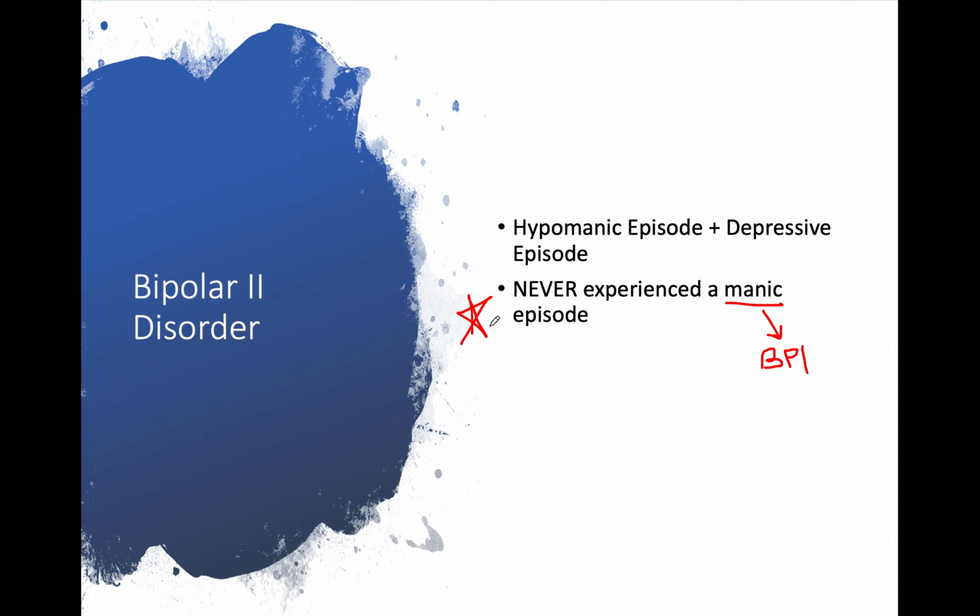If they have a hypomanic episode by itself, we might say that is an unspecified bipolar disorder. If they have only a depressive episode, then we say that's depression. But when they have both of these, then we have bipolar 2.